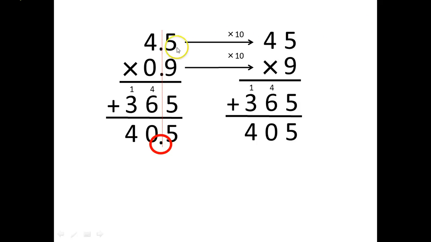We multiplied each of the multiplicand and the multiplier by 10, right? By doing that, we changed the multiplicand and the multiplier to whole numbers, and then we did the math, and then we reached the product 405.